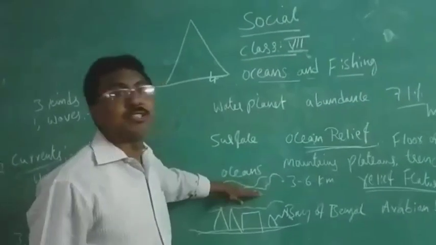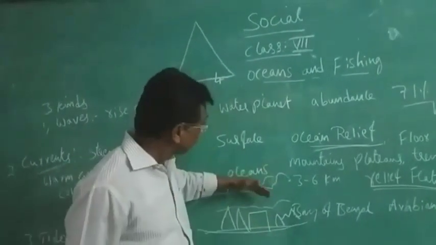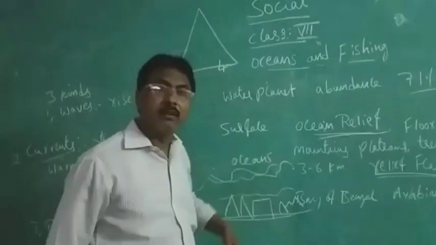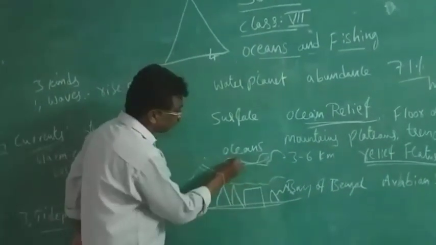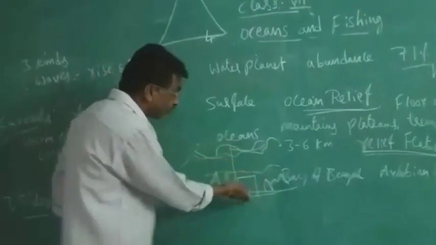That much deep the ocean is. The ocean is 3 to 6 kilometers deep.